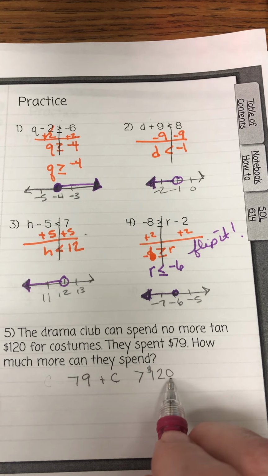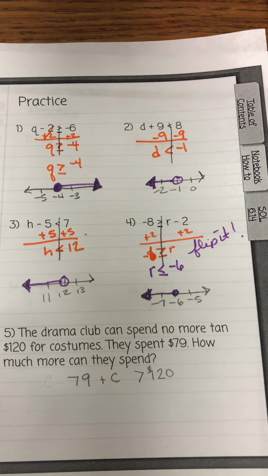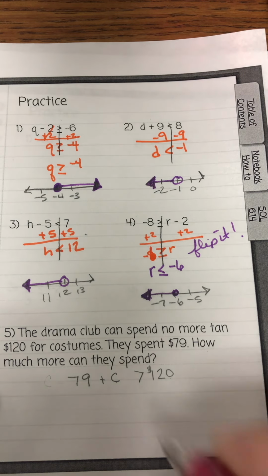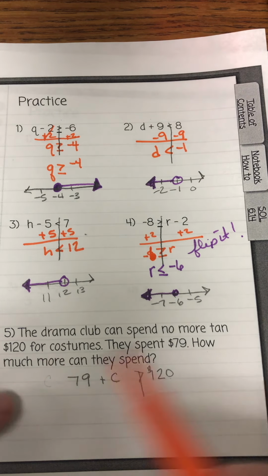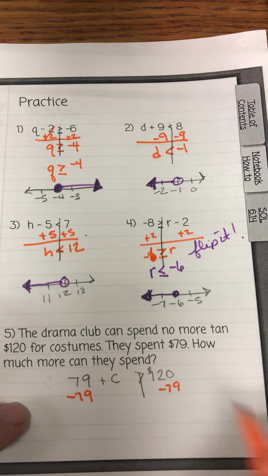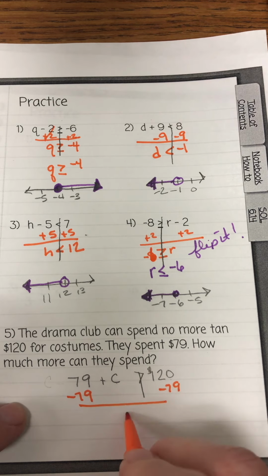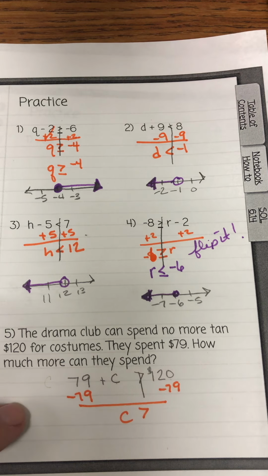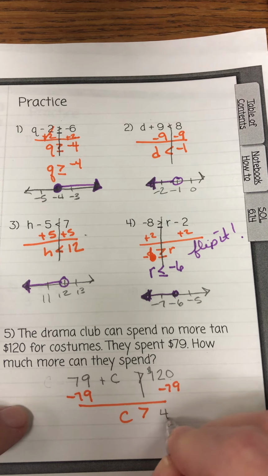And it's $120. So we're going to subtract, or draw our wall. Subtract 79 from both sides. And then you need to do your little math problem. So that is $41.